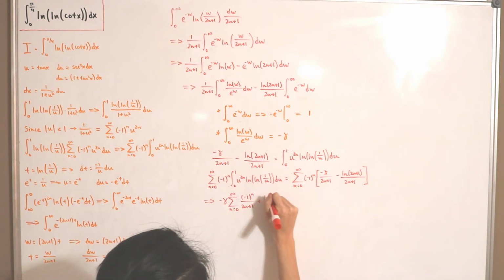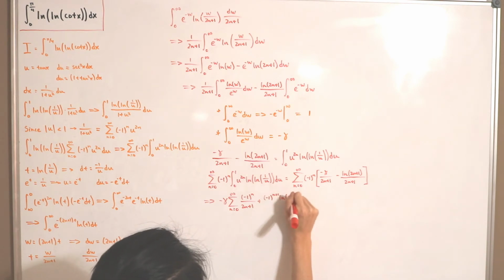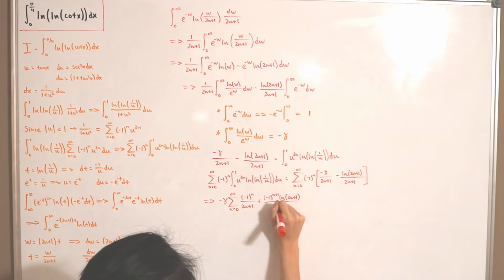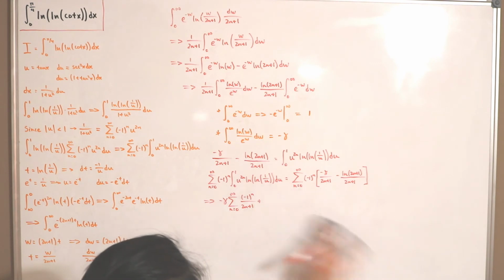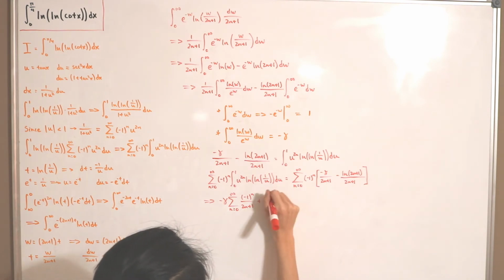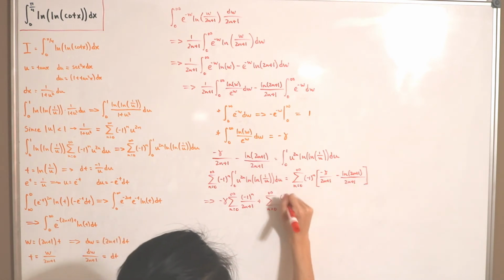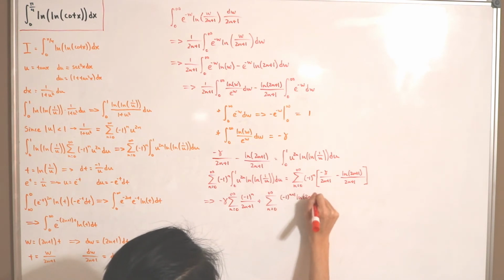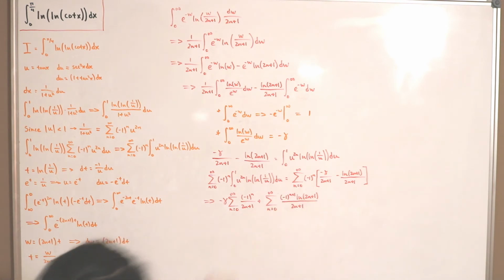So this is negative 1 to the power n plus 1 of the natural log of 2n plus 1, and then divide that by 2n plus 1. Let me write this as another infinite sum over here. So this is n equals 0, negative 1 to the n plus 1, natural log of 2n plus 1, then divide that by 2n plus 1. Okay, cool.